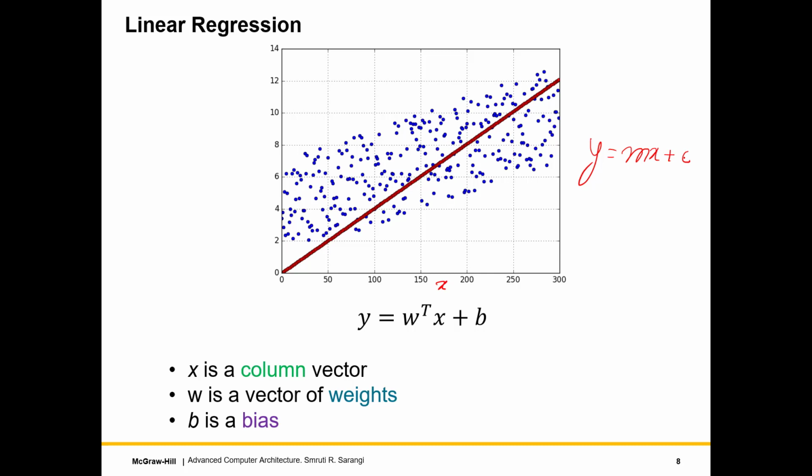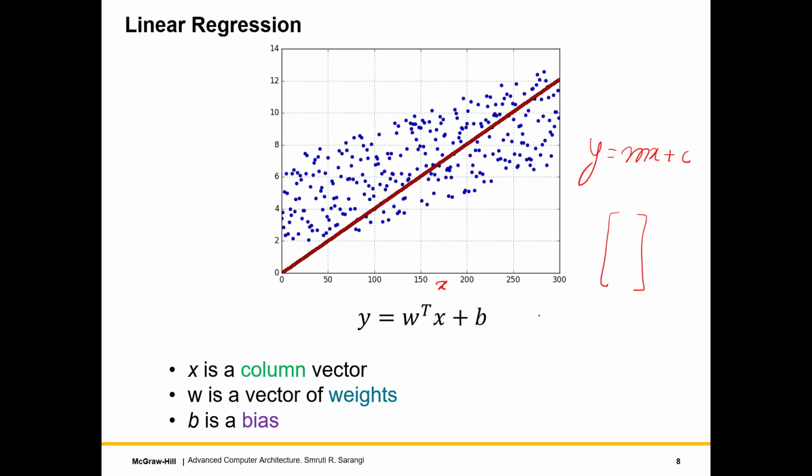single variable input scenario. But if I have a multivariable input, in the sense my input itself could be a vector, so it could be a column vector, then this is the vector form of this. Here we have a set of weights, and the set of weights is a vector.